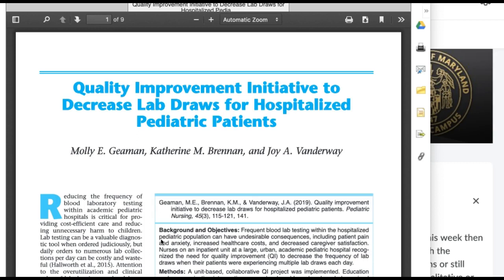For example, if you are starting bedside report, you might collect data as part of a performance improvement project to see what your patient satisfaction scores are prior to starting the change, prior to implementing bedside report.